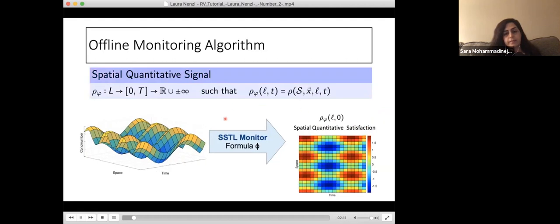Then we have also a quantitative semantics, where we have an evaluation of the satisfaction.